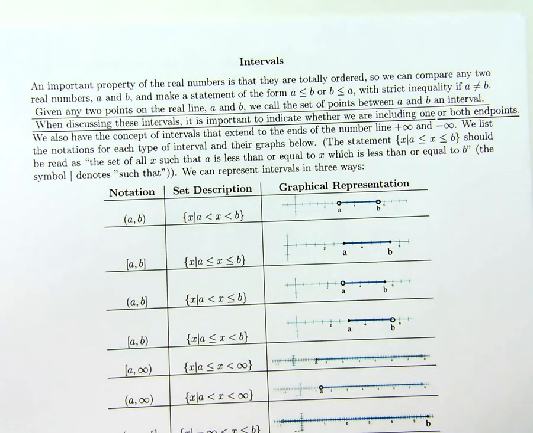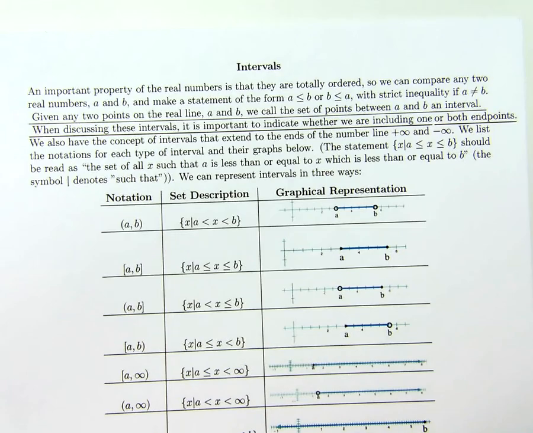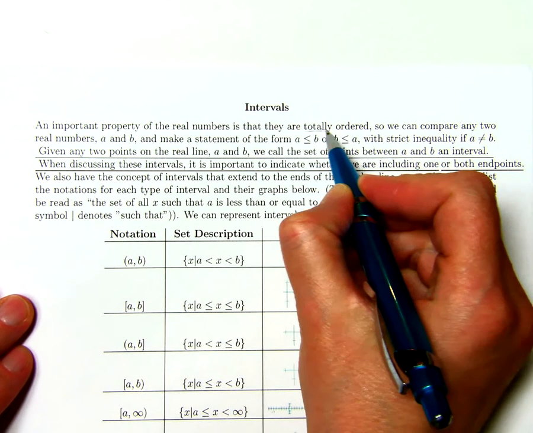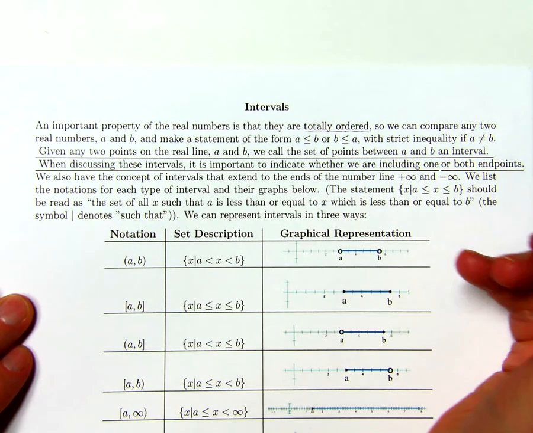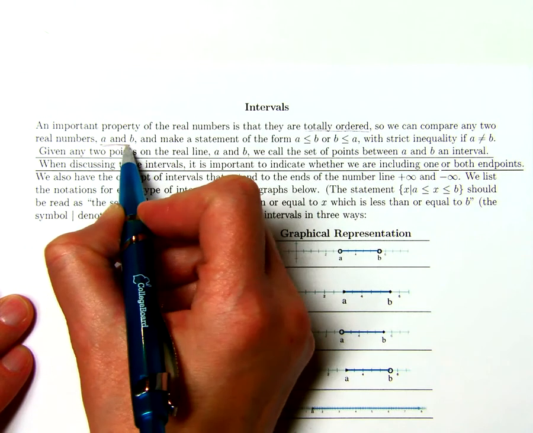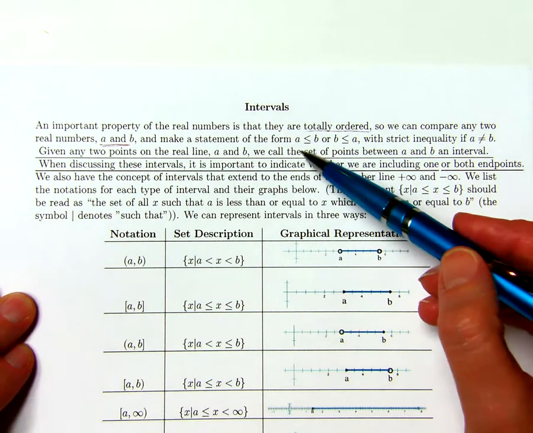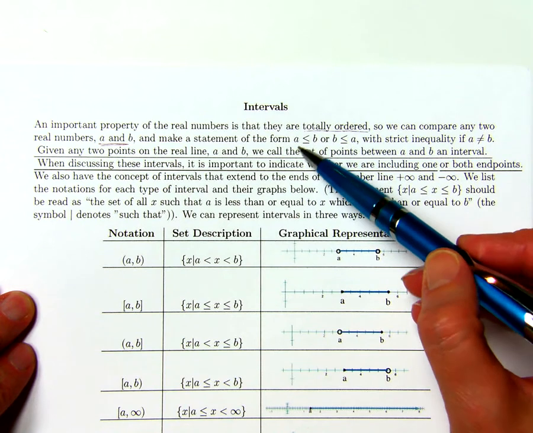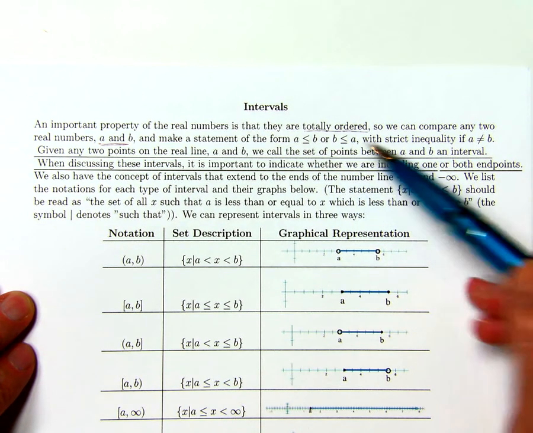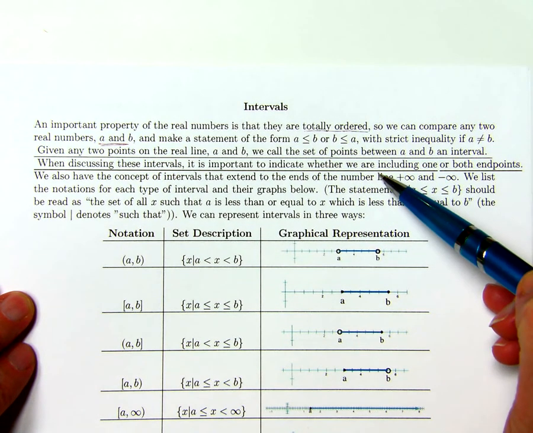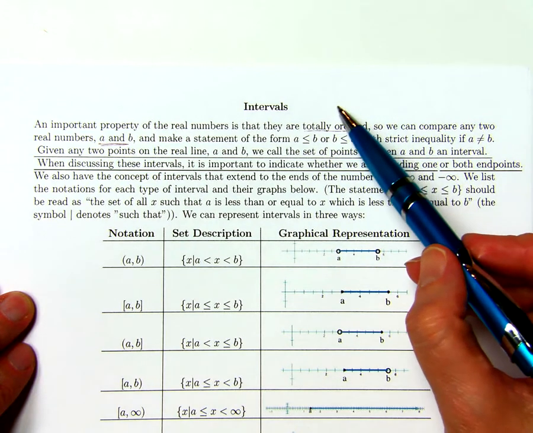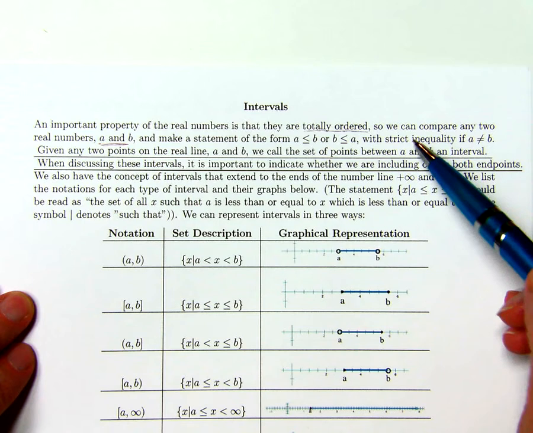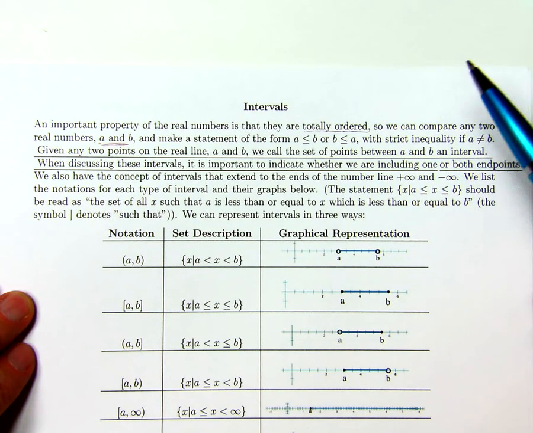Now, one very important thing about the real numbers is that they're ordered. For every 2 real numbers, A and B, I have one of 3 things: either A equals B, or A is less than B, or B is less than A. Because all of the numbers lie on that straight line, they can all be put in a total ordering.